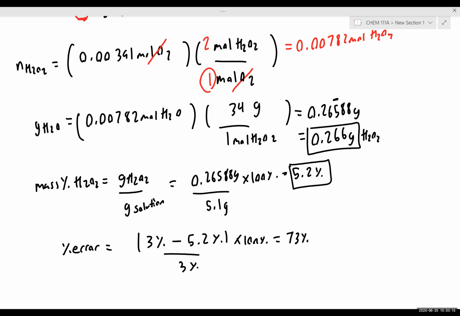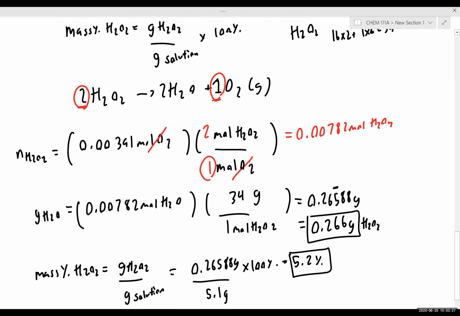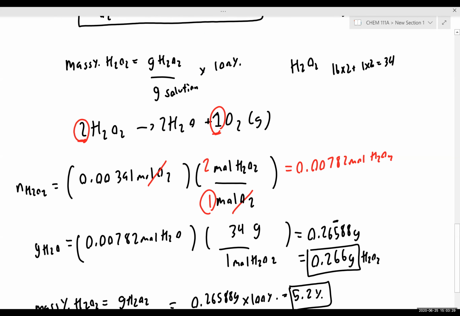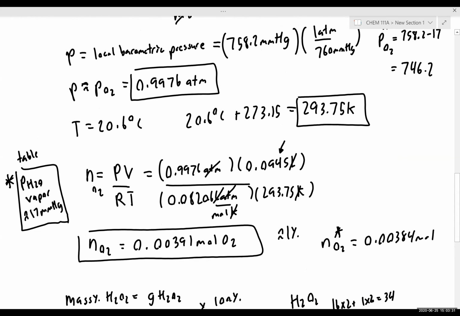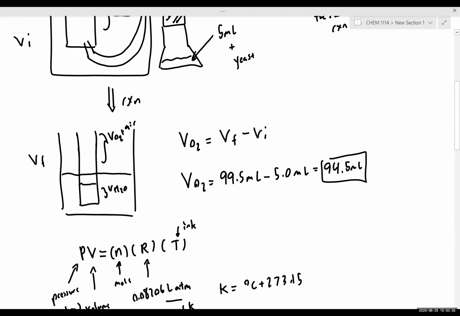So that's an overview of the experiment to determine the percentage of hydrogen peroxide in a solution. Let's just check to make sure everything pans out. Yep, everything looks good.